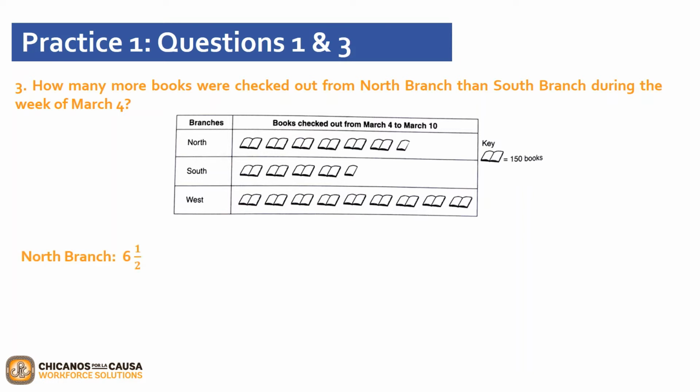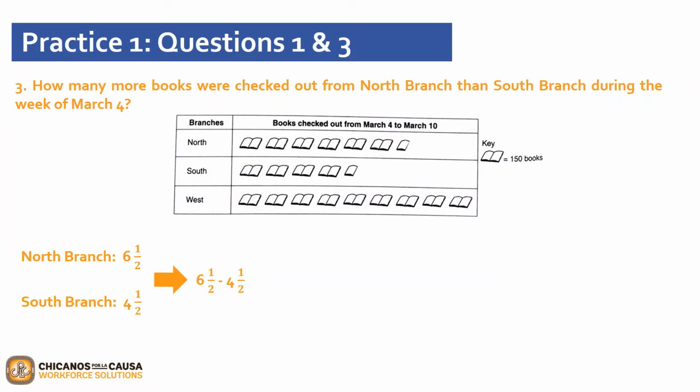So as we determined, the north branch has 6.5 books or images, while the south branch has 4.5. Therefore, we're going to go ahead and do 6.5 minus 4.5.